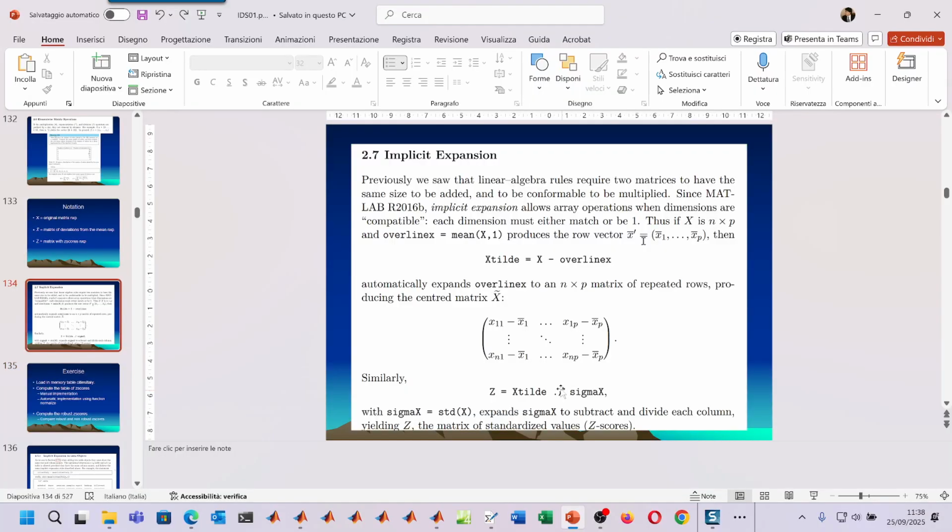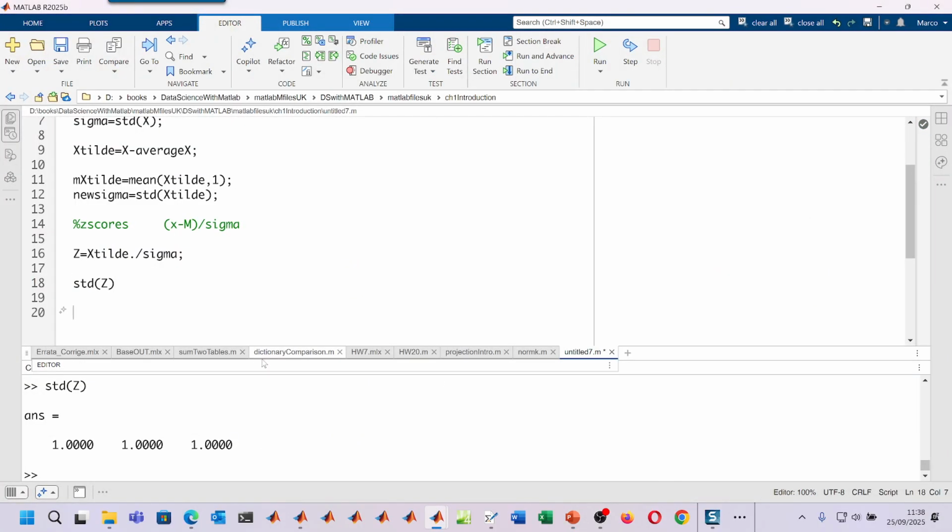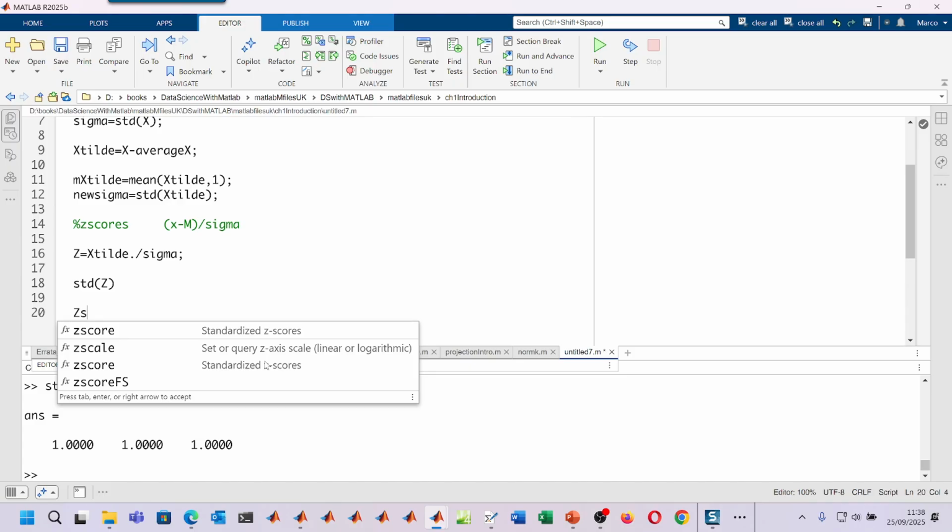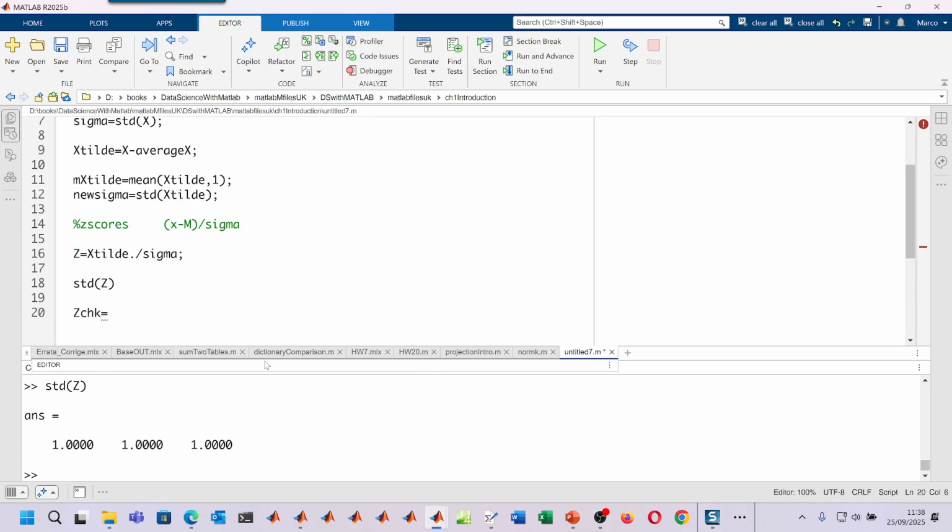Now, the function which automatically creates the zeta scores is called zscore. It automatically does everything.